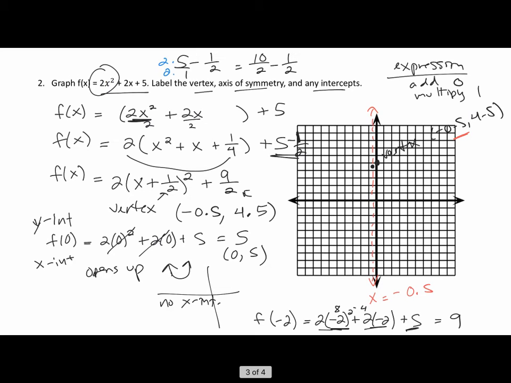Okay, so negative 2 for x, 9 for y. Gets us a point there. And by symmetry, that's 1.5 to the left of the vertex, so 1.5 to the right is another point by symmetry. And that looks good. We can connect those together to finish the graph of this parabola.